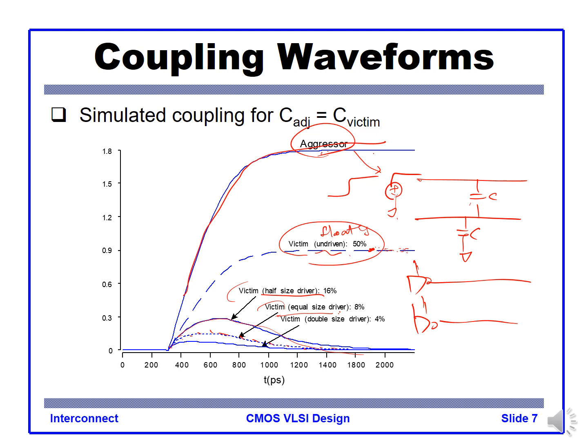If the victim is half of them, so this is 0.5 victim size, then x1, we see much larger glitches, right? So stronger driving will reduce the glitches, right? But in the first place, we should avoid such cases. If we can avoid this kind of large adjacent capacitance, that is something we should avoid.